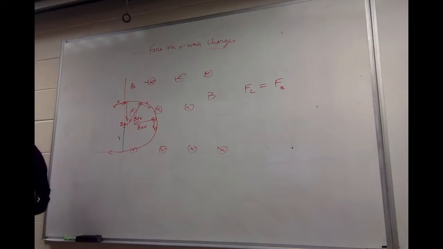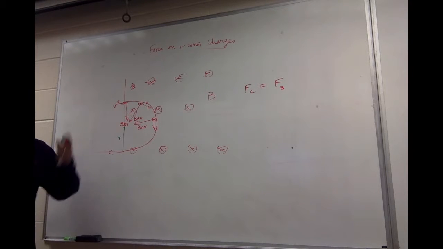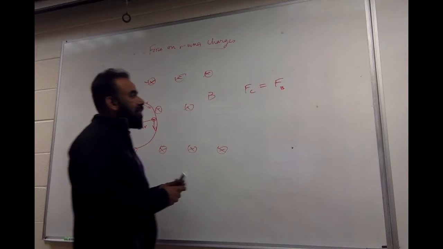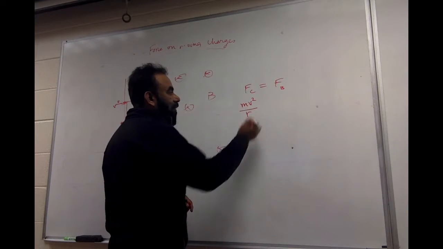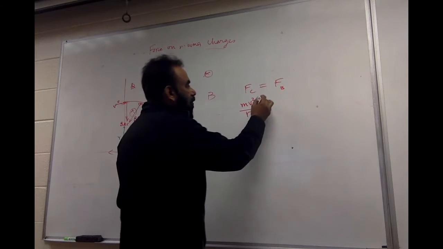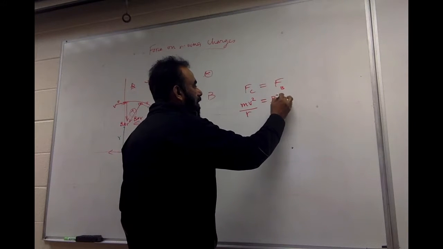It's going to describe a circle of radius r, such that the centripetal force needed is provided by the magnetic force. Now the centripetal force needed is mv squared over r, you know that equation. And what's the magnetic force? It is BEV.